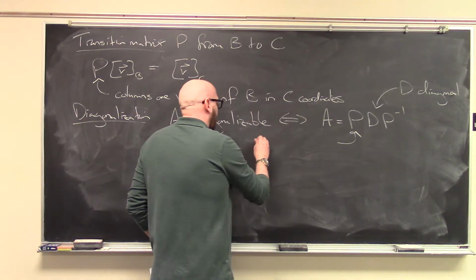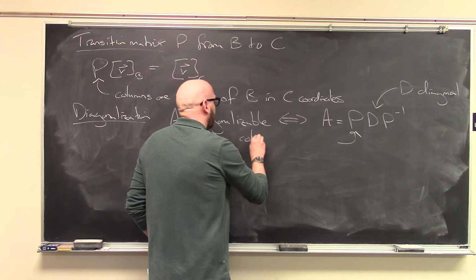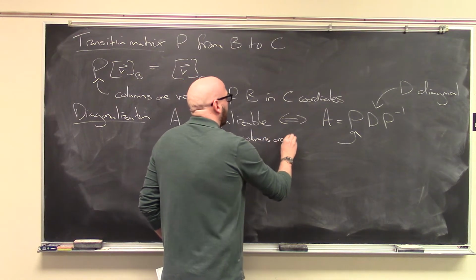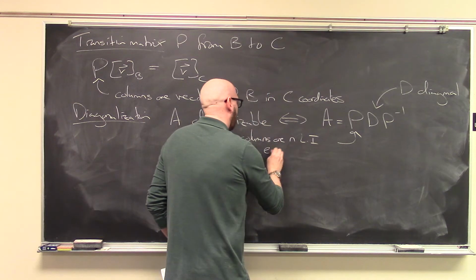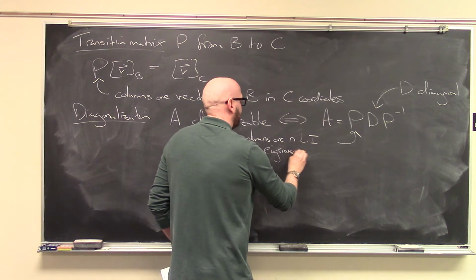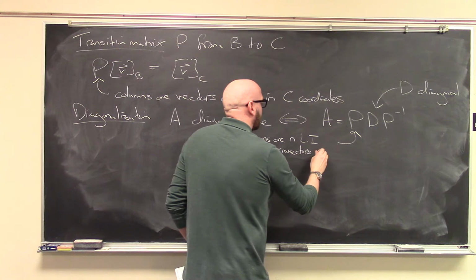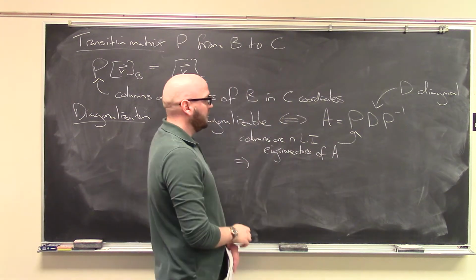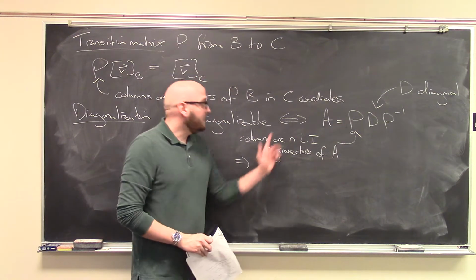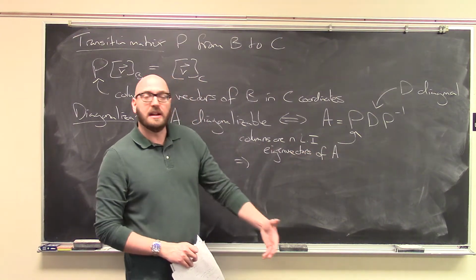So the columns here are n linearly independent eigenvectors of A. And what does that mean? Well, they're vectors in Rn. I have n of them. They're linearly independent. That means it's automatically a basis.